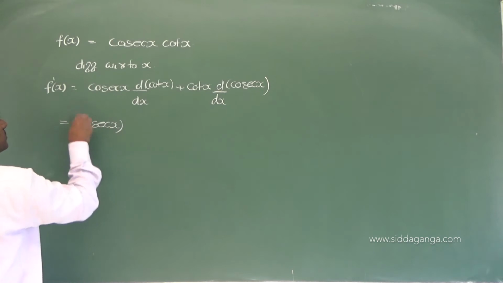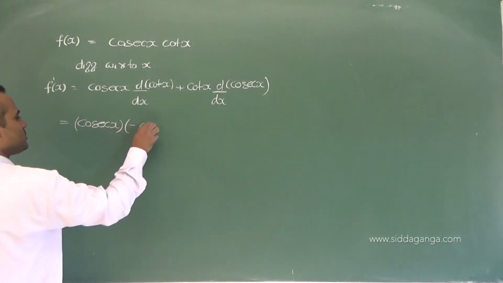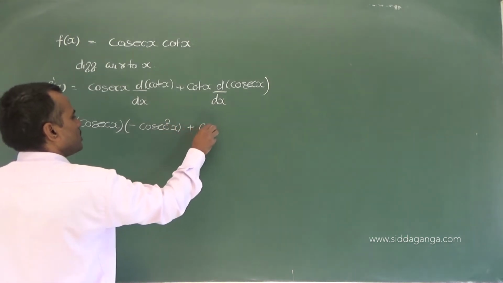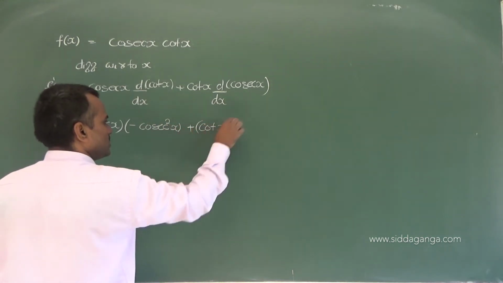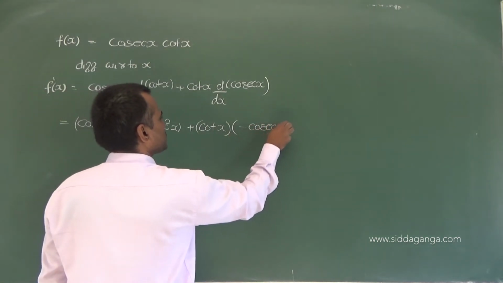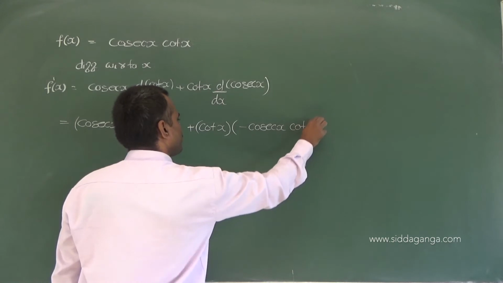Cosecant x, derivative of cot x is minus cosecant square x, plus cot x, derivative of cosecant x is minus cosecant x into cot x.